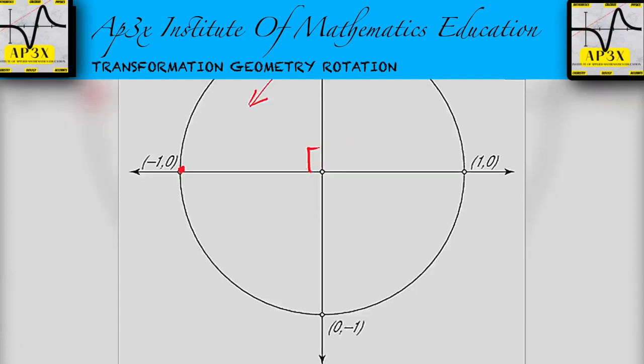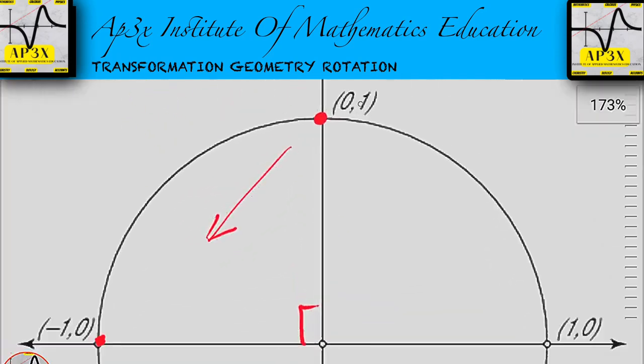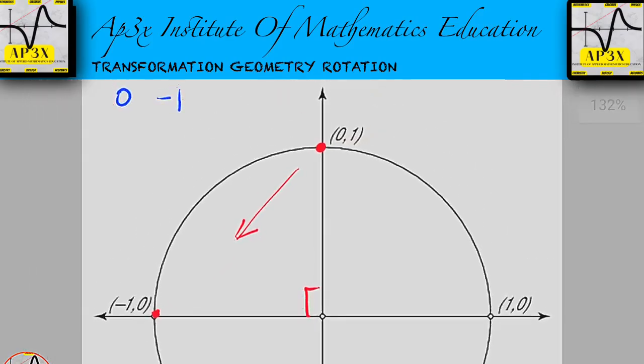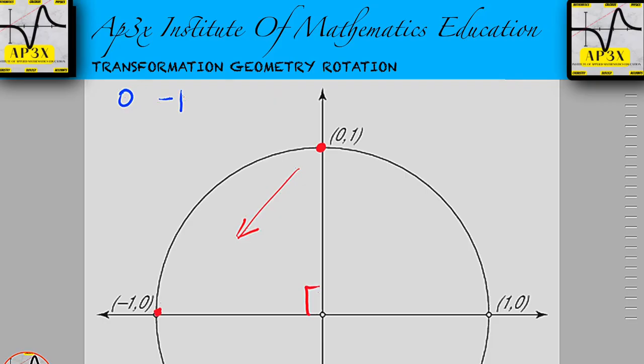And then this last value here, this 1 here, and this 0 down here will make the second row of the rotation matrix. So 1, 0. Boom. That is your rotation matrix for 90 degrees anti-clockwise.